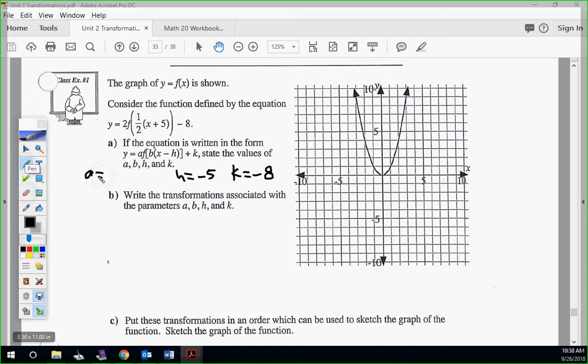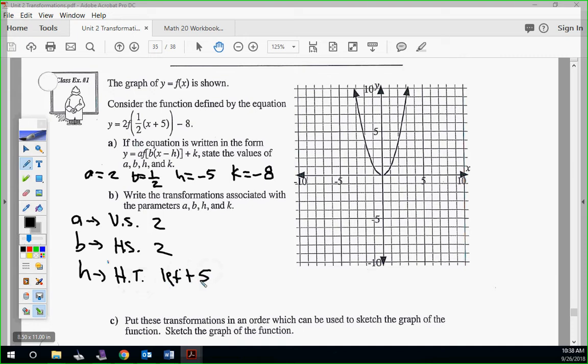A is 2, B is 1/2. So A is vertical stretch 2, B is horizontal stretch 2. H is a horizontal translation, I'll put HT, of left 5. K is your vertical translation of down 8.